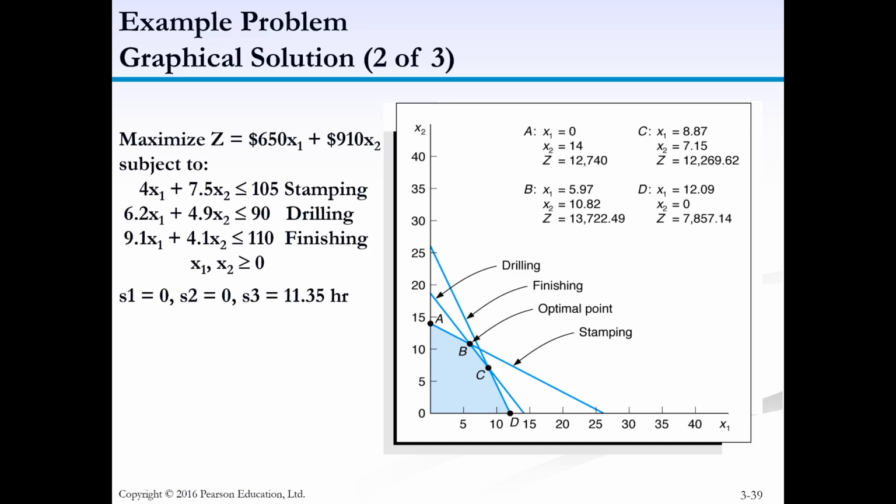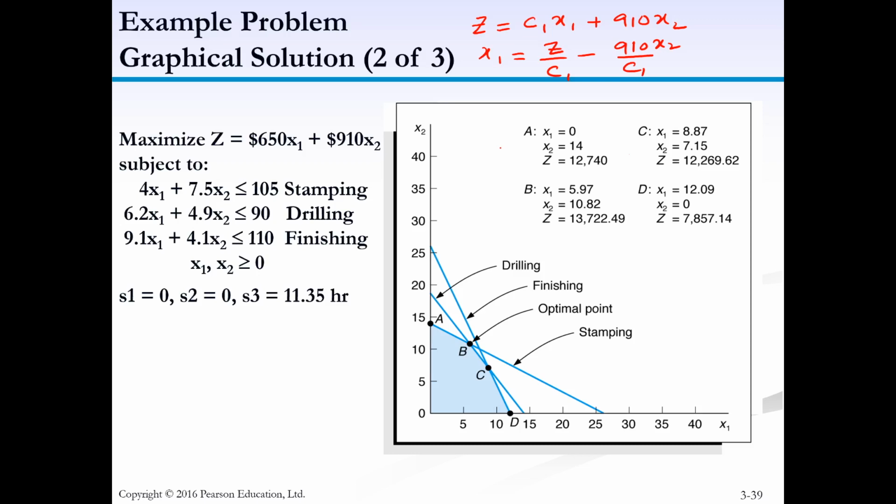Now let's see, we want to find out the range of C1, the coefficient of the first decision variable, the profit, how much it can vary without changing the optimal point, and that optimal point is point B. So to solve this, what we do is we make z equal to C1 x1 plus 910 x2, and from here we can get x1 equal to z over C1 minus 910 x2 over C1.